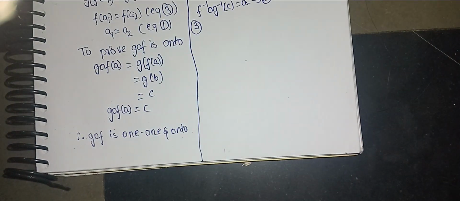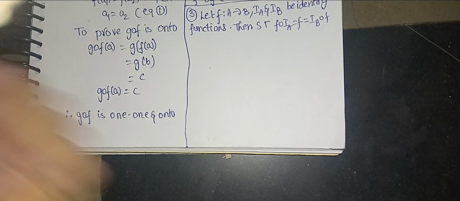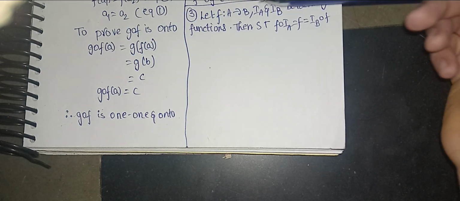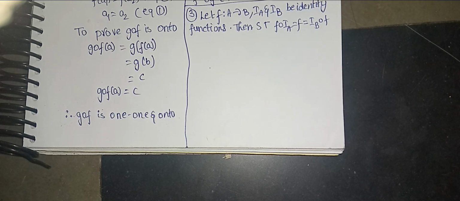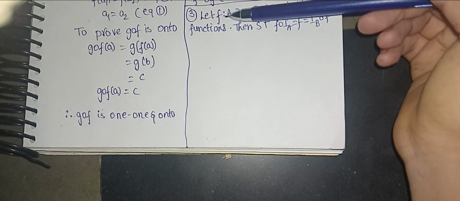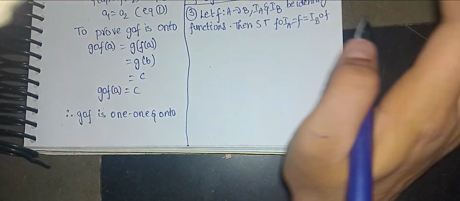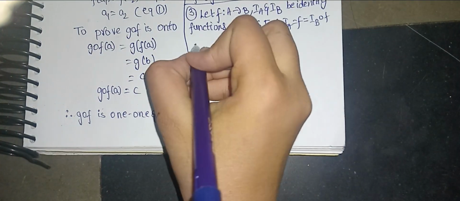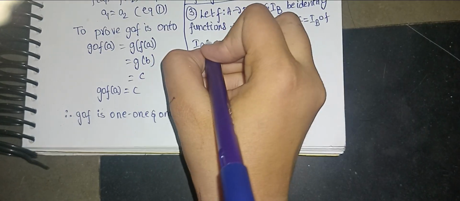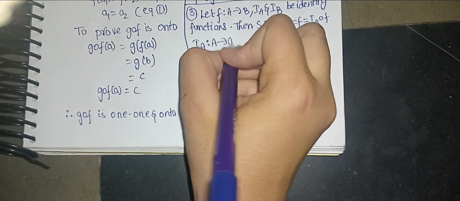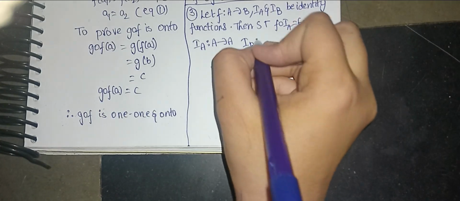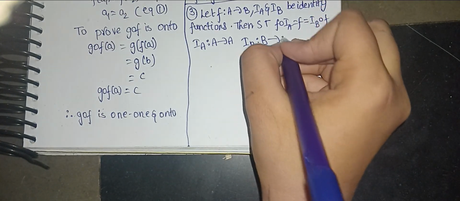Now we'll dive into the third question. See, here they both are identity functions and this function is A to B. Okay, identity function means input and output will be same. Means IA is A to A function and IB is B to B function.